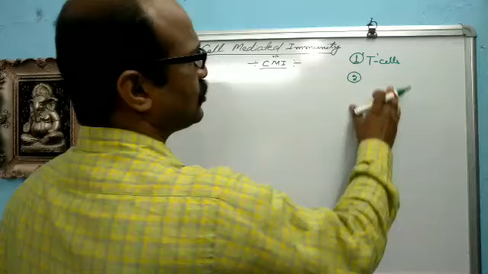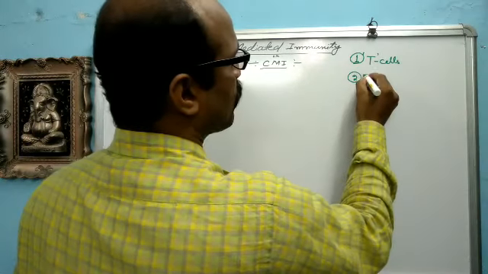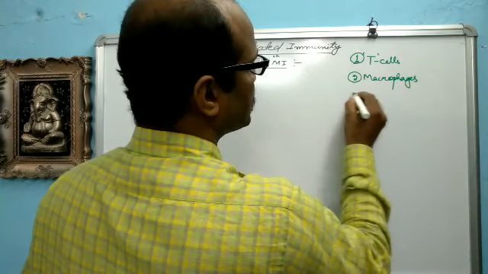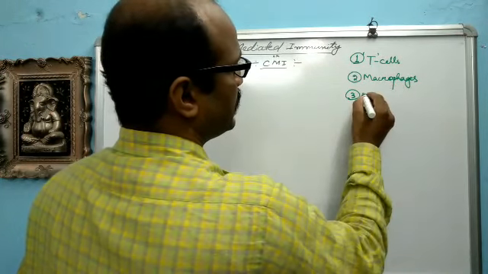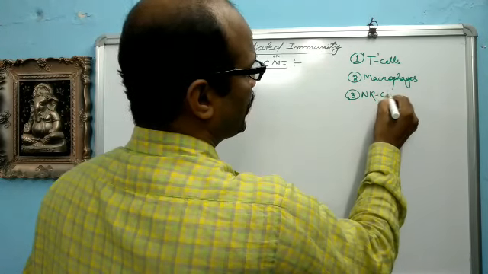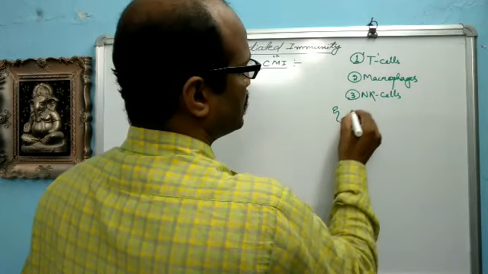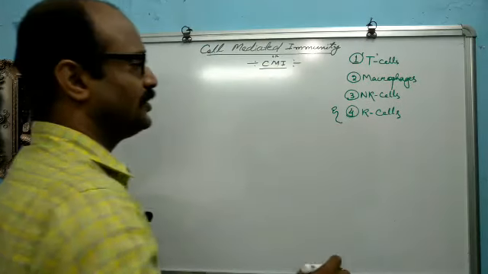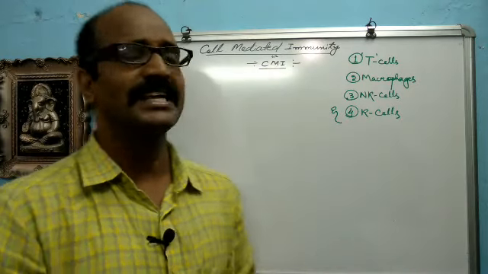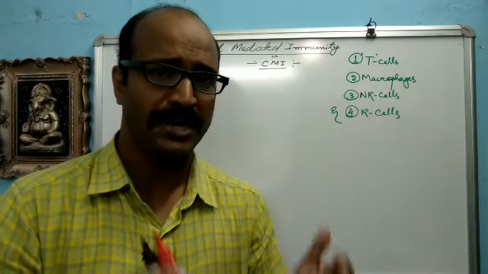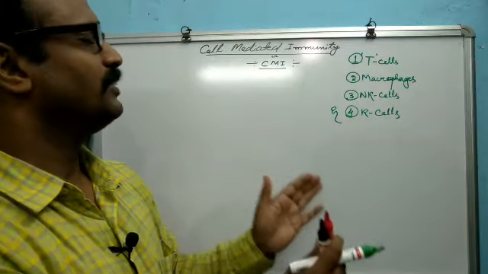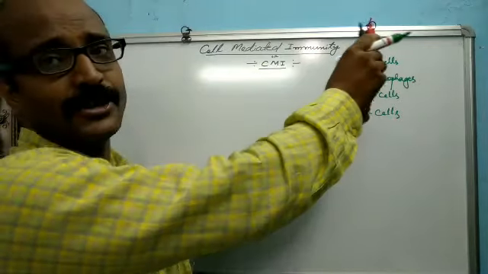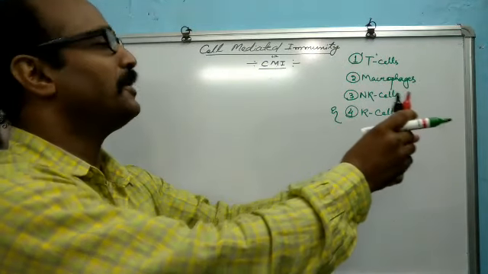Besides T cells, other cells are also involved, like macrophages, NK cells (natural killer cells), and killer cells. So four types of cells are involved in cell-mediated immunity, but particularly T cells are mainly involved.